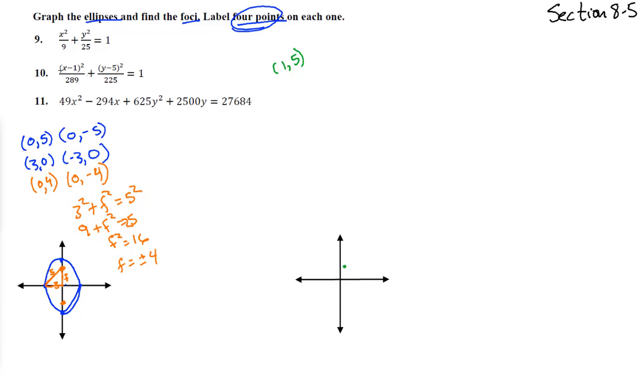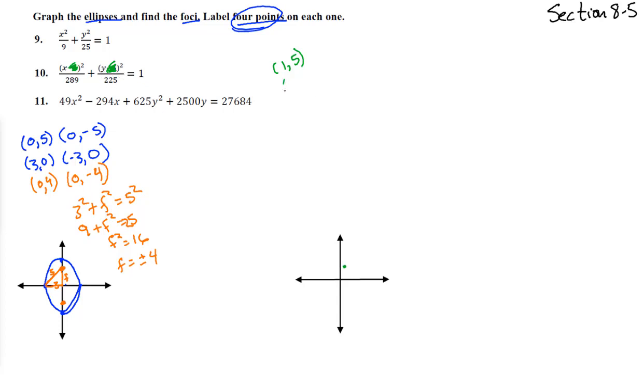When we stick in 1 here, you'll notice how far up and down we have to go on the y's. So ignore the 1 and the 5 now, because we know that that is the center of our circle. Everything that we do will be moved up that much. So if we eliminate the x's, the y's have to be, well, y squared over 225 is equal to 1. What's the square root of 225?